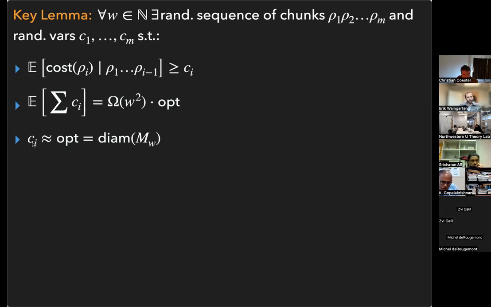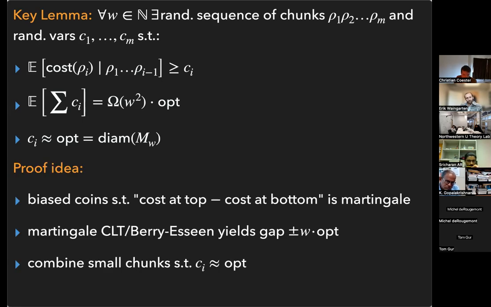And the reason we need this is that, on the one hand, we don't want the Ci to be too large, because if the cost of each chunk is too large, then the algorithm would just switch to the other branch, and that would be too cheap. But we also don't want the cost of the chunks to be too small, because then the gap that we create when we randomly advance on one of the two sides would be too small. So it really needs to be just the right size.